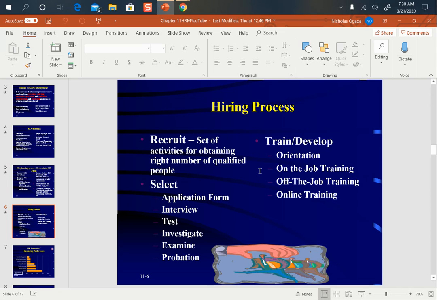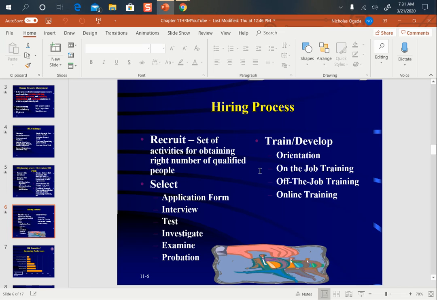Then we undertake the hiring process, which I don't want to spend so much time on because that's self-explained in the text. But the hiring process will include recruitment, selection, training, and development. Some of you work for organizations, and therefore you have gone through these processes. For example, you have been interviewed, you did a background check, you're given a job and you're given a probationary period, which is 90 days.